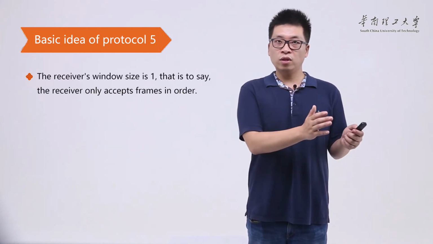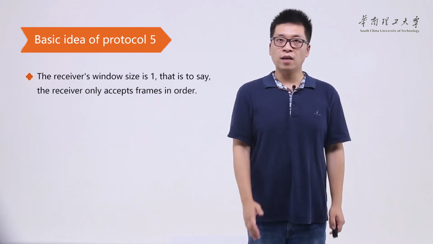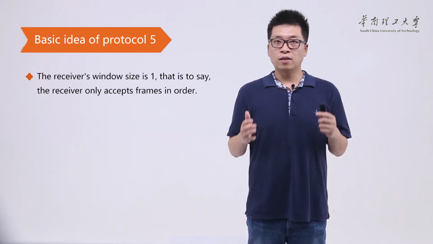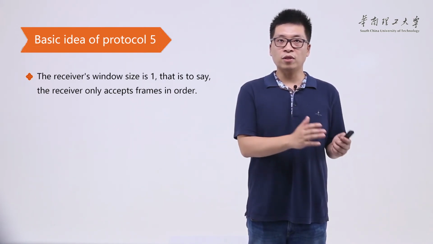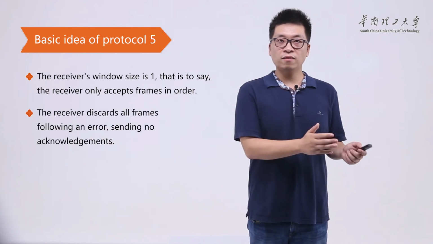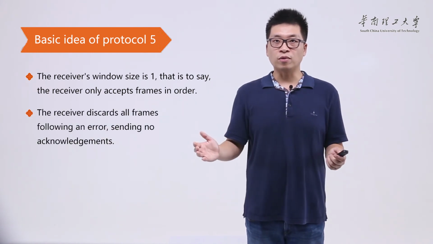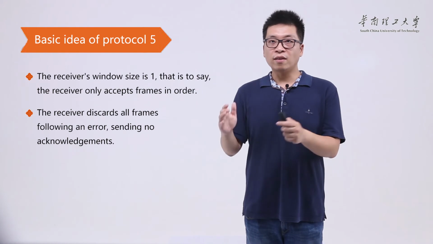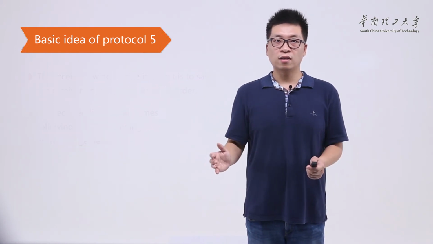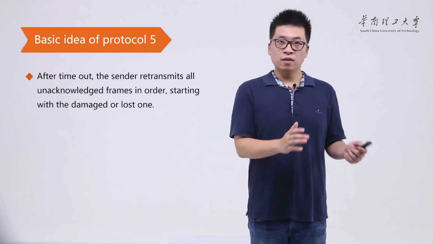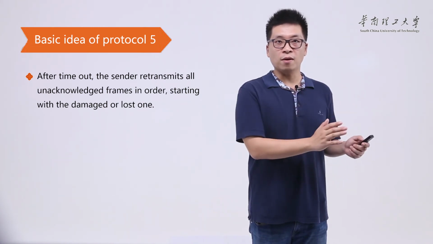The receiver's window size is 1, as we explained. That is to say, the receiver only accepts frames in order. The receiver discards all frames following an error and sends no acknowledgement. So eventually, the sender will get a timeout.